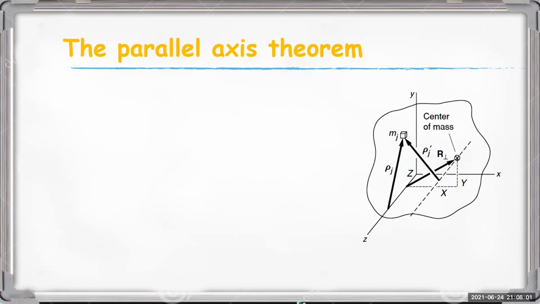As in the name, parallel axis theorem, this theorem can be used to find the moment of inertia about an axis that is parallel to an axis through the center of mass.